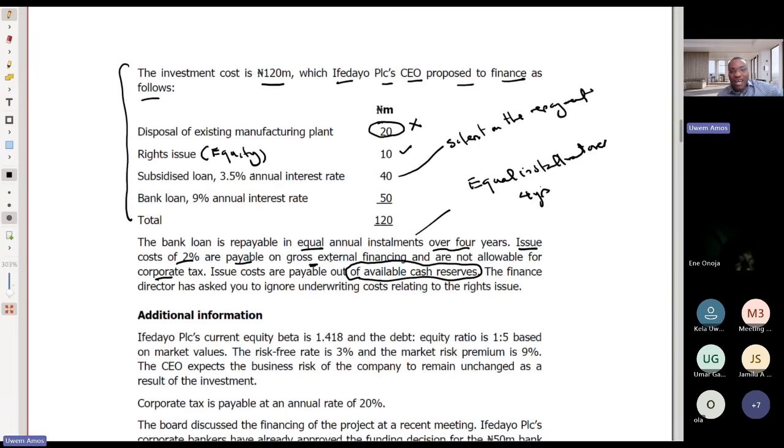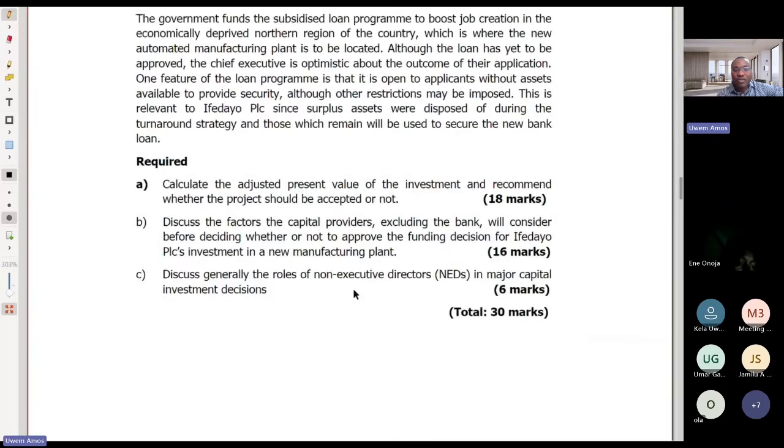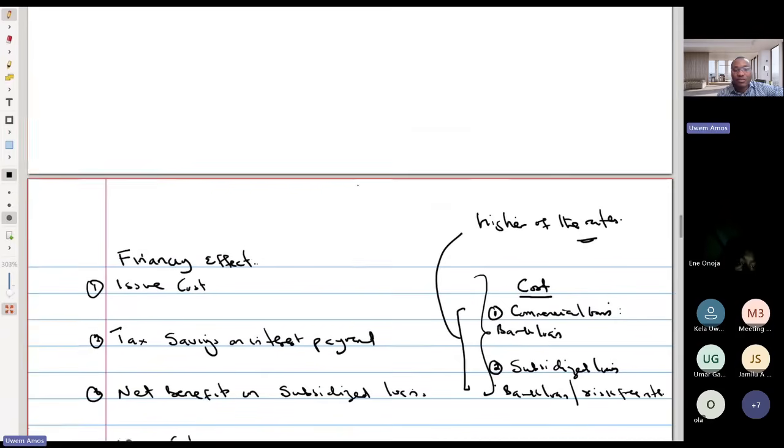Subsidized loan, yes, 40 million. Bank loan, yes, 50 million. So the total the company would raise from external sources would be 50 plus 40 plus 10, which is a total of 100.